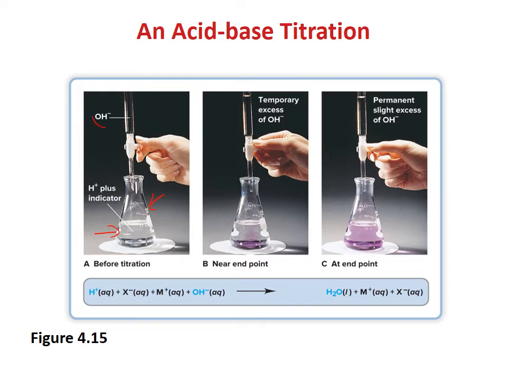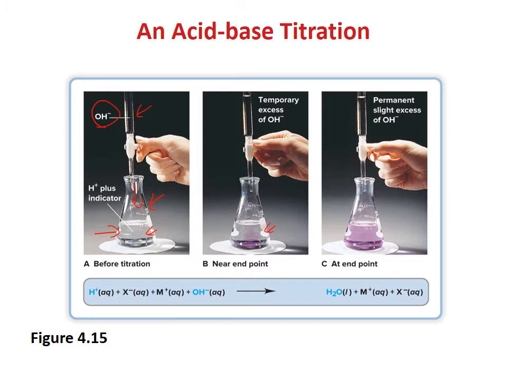So we add hydroxide, for example sodium hydroxide, from the burette into this Erlenmeyer flask, and neutralization occurs. So the acid in this solution is consumed gradually until it gets close to the end point. So at the end point, almost all the acid is consumed.